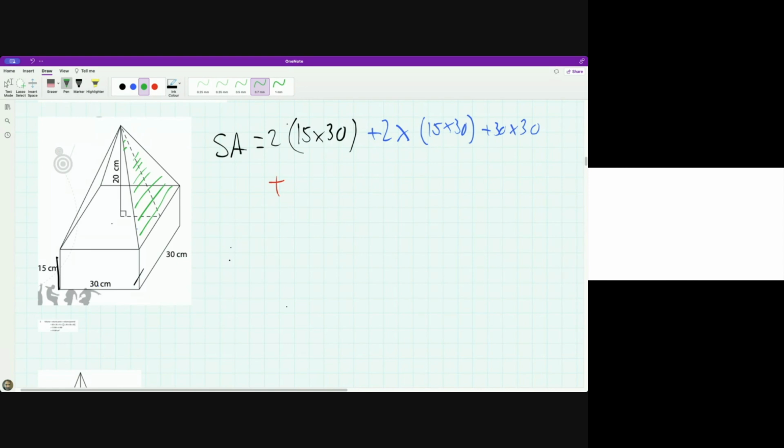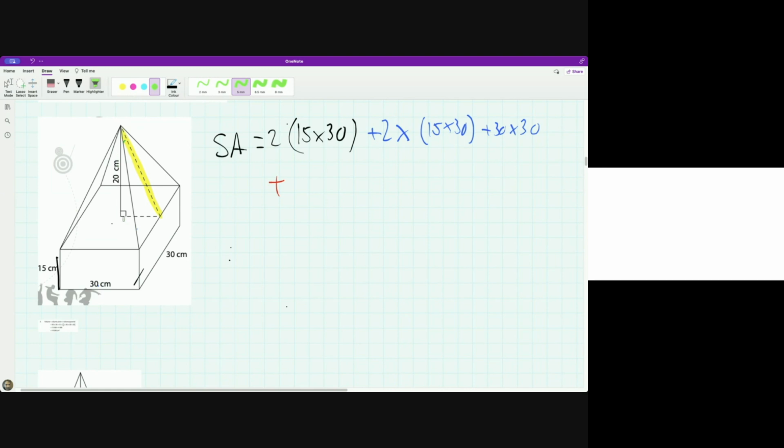Who has an idea for me? There's one key step. There's a familiar friend we have to call to help us. It's the slant height. Yes, Naledi, thank you. So, and Pythagoras.